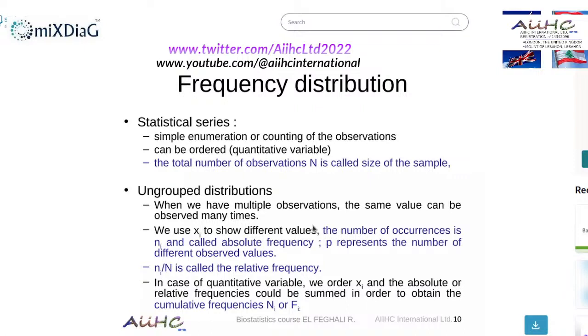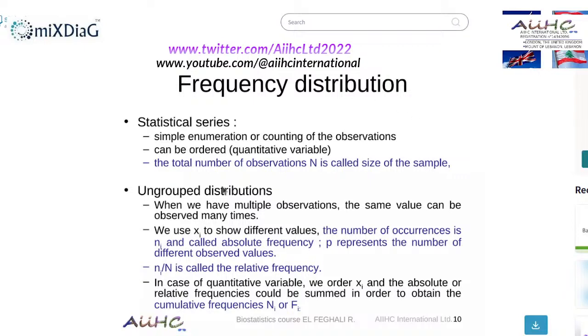Ungrouped distributions: when we have multiple observations, the same value can be observed many times. So we use x index i to show different values. So x1, like we said, first cop, x2, second cop, x3, third cop, and it can also be regarding the counting.